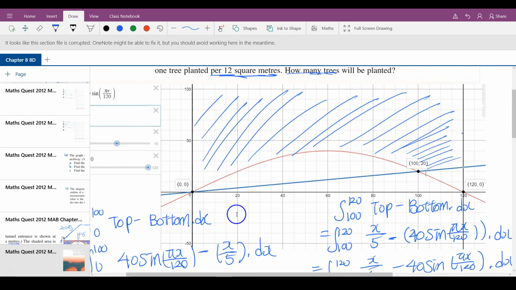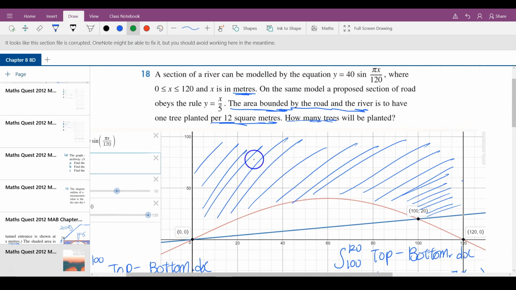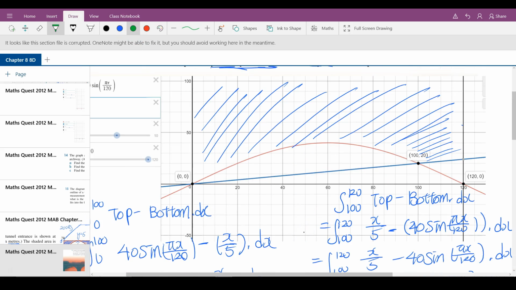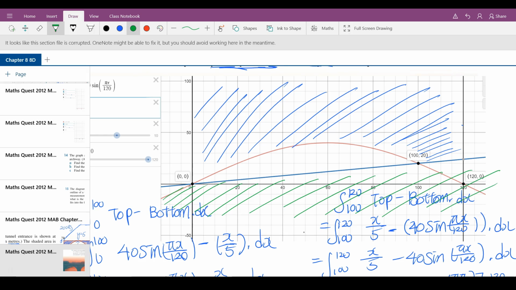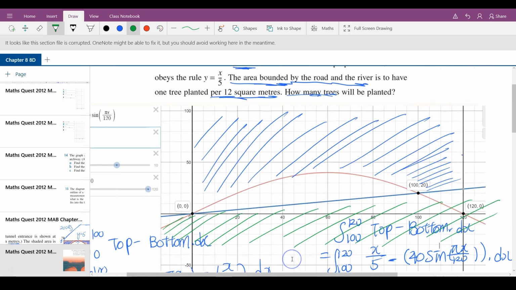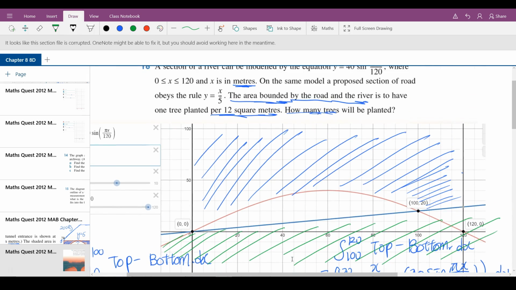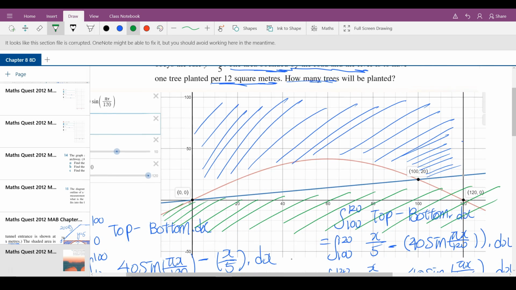And the road, I'll use a different color, the road is here. That's the road, and the car drives on it. So we can't include this area because it's part of the road.